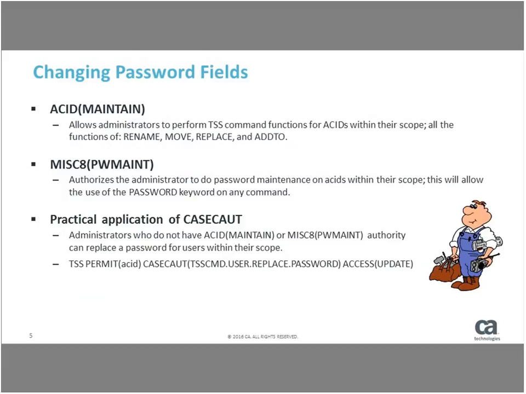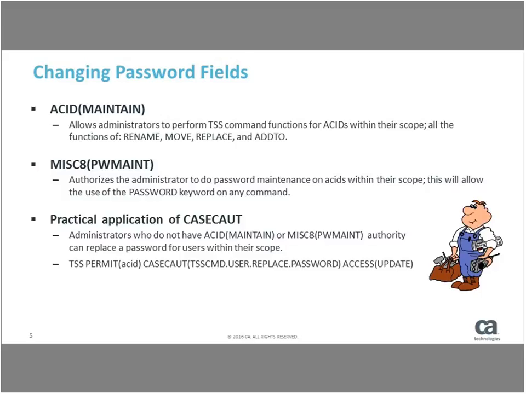For the CASECAUT, one of the practical applications is, say you have administrators that do not have this ACID maintain or MISC-8 authority, but you want them to replace a password for users. So the granularity there would be you can do a permit for the CASECAUT resource and just permit them to replace a password.